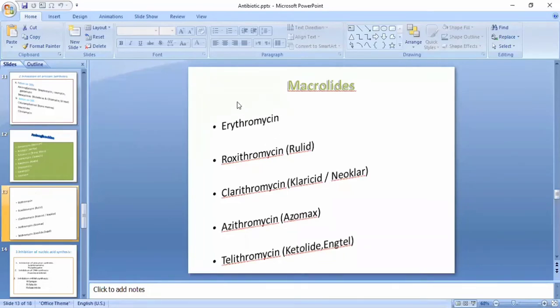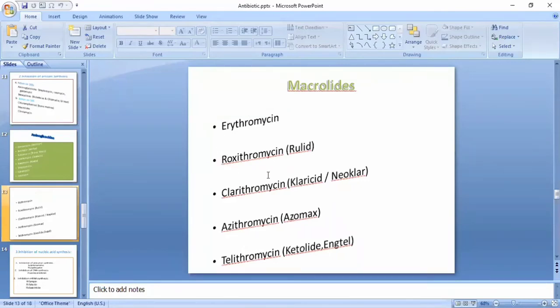However, the dosage is quite difficult to use, 4 times a day, so it is difficult for patient compliance. A drug taken 4 times a day is quite difficult to take orally.